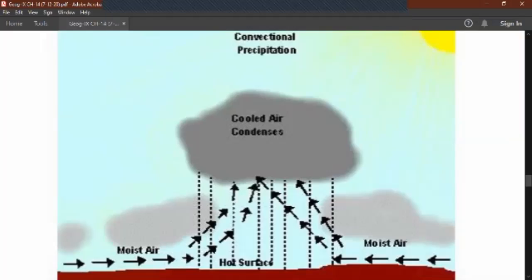Now children, let us discuss the various types of rainfall. According to the way the cooling of the warm moist air mass takes place, rainfall can be of the following types. Number 1, convectional rainfall or convectional precipitation. There is convectional rainfall in the equatorial regions.